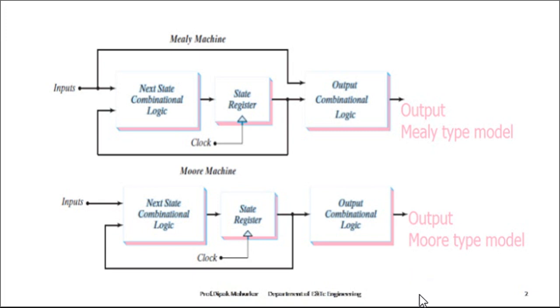A sequential circuit is also called a finite state machine, because the functional behavior of the sequential circuit can be represented by using finite, or limited, number of states.